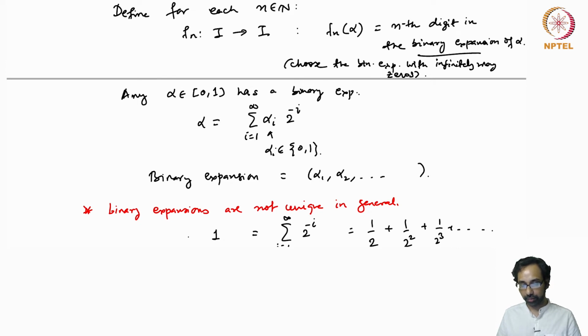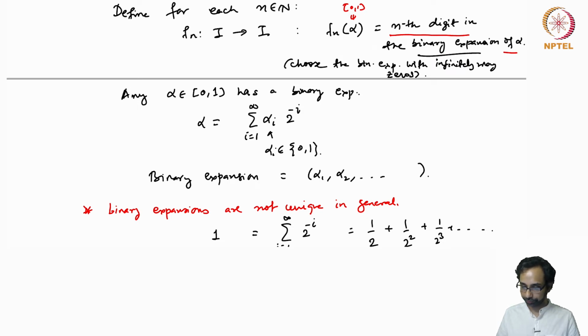Before, since the binary expansions are not unique, if we do not specify this, then f_n will not be well defined, but we have now chosen the binary expansion with infinitely many zeros at the end, and so now we have a well defined function f_n for each n. The function takes a number alpha in [0,1], and takes the nth digit in the binary expansion of alpha.